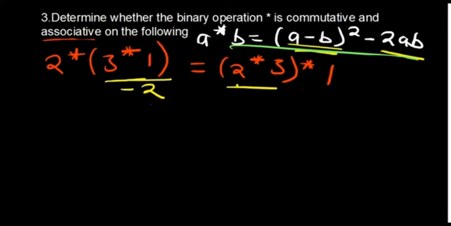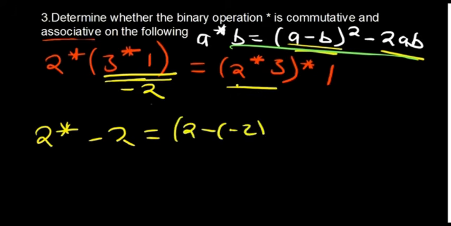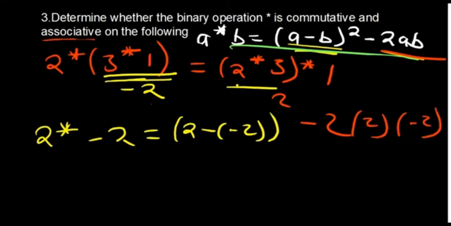How about 2 star negative 2? What is in the brackets is now represented by the negative 2. So where we have A minus B, it's going to be 2 minus negative 2 squared, minus 2AB, where our A is 2 and our B is negative 2. 2 minus negative 2 is 4. 4 squared is 16.